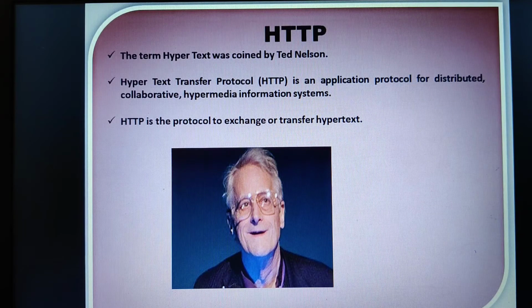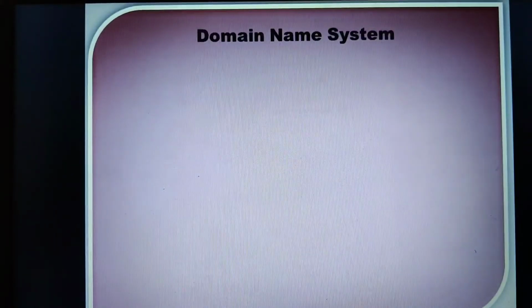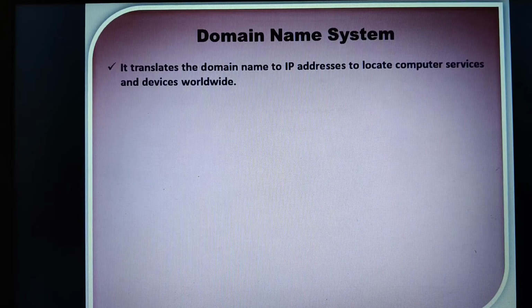Now let us move on to the DNS, that is Domain Name System. I hope you have some idea about what the domain name system is. Now what is this domain name system? The Domain Name System mainly translates domain names to numerical IP addresses for the purpose of locating computer services and devices worldwide.